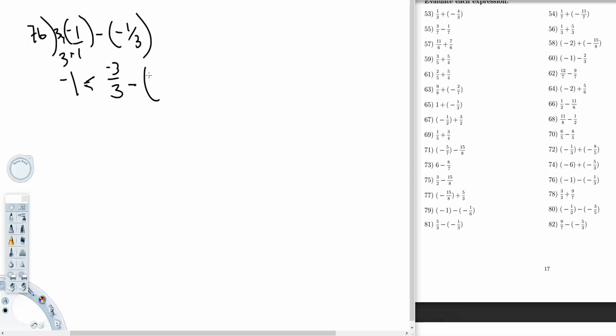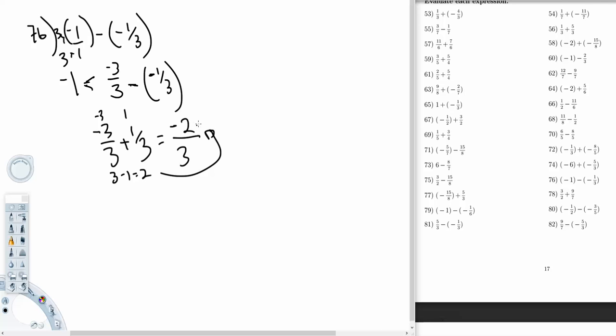Now, when you're subtracting like this, anytime you have a negative here and a negative here, you could really add it. So negative 3 over 3 plus 1 over 3 equals something over 3. We take the sign of the biggest between minus 3 and 1. Minus 3 is the bigger number, so it's a minus. And then we just subtract. So we're going to do 3 minus 1 equals 2. We put that here, negative 2 over 3.